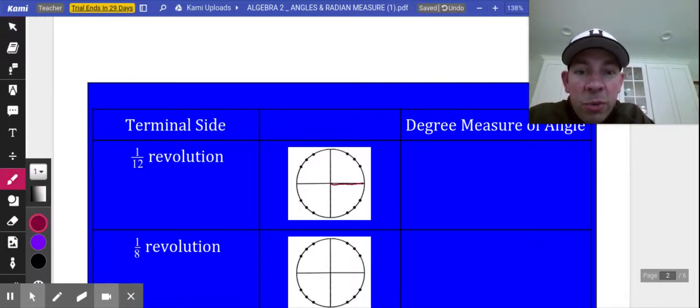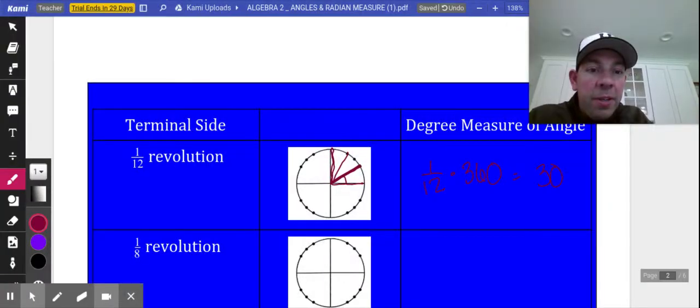You'd get 3 in every quadrant for a total of 12. So if we made 1/12 of a revolution, that would put us right here. 1/12 multiplied by 360 makes 30 degrees, so that's going to be right there.